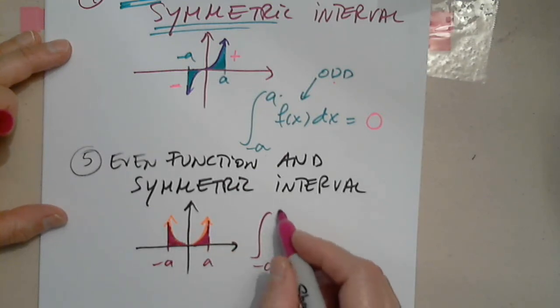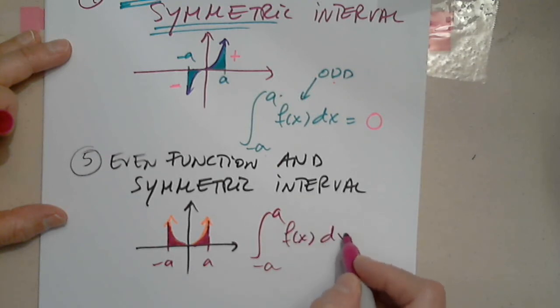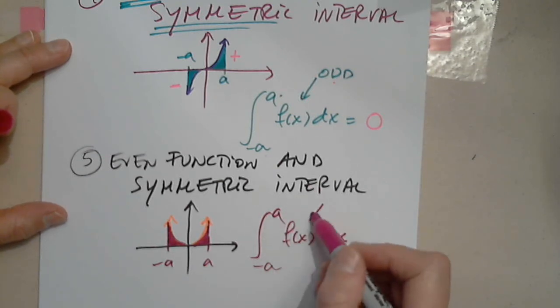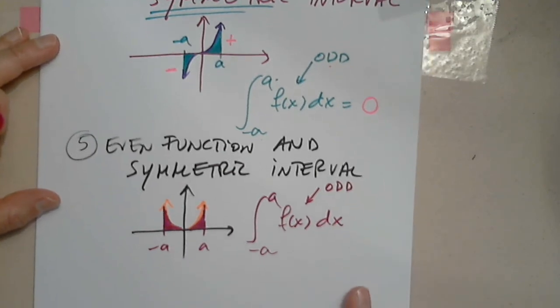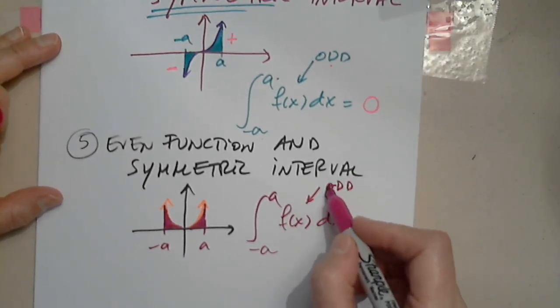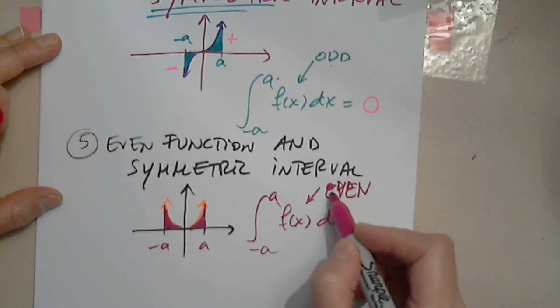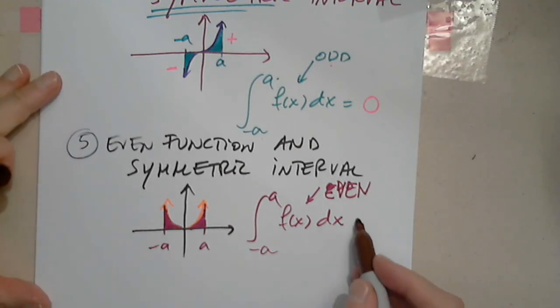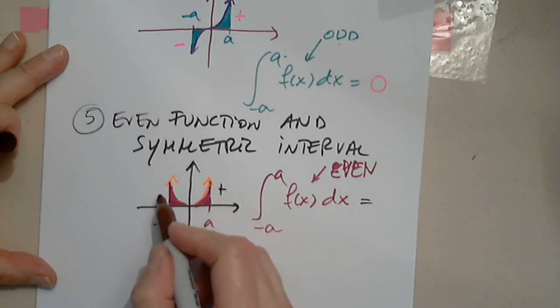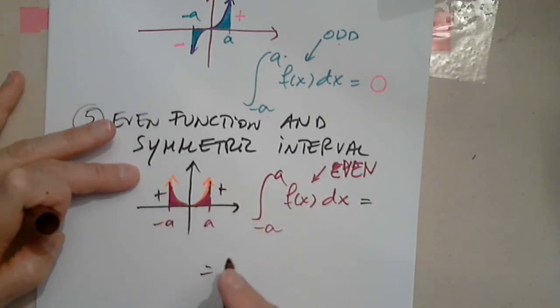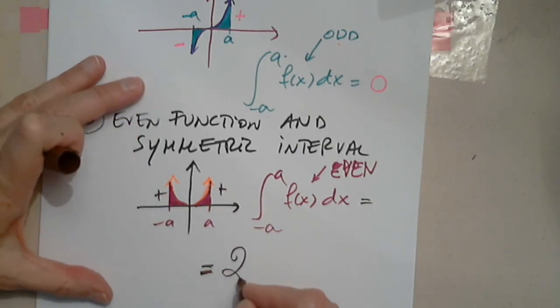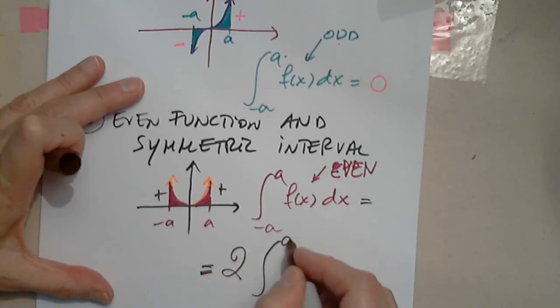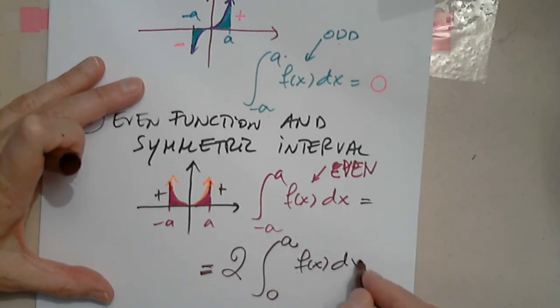So the integral from negative a to a of f of x dx, so this is when the function is, I'm sorry, even, of course. That's what I meant. When the function is even, what do you think the answer would be? So these are both positive and both equal, right? So it would be twice the integral from 0 to a of f of x dx.